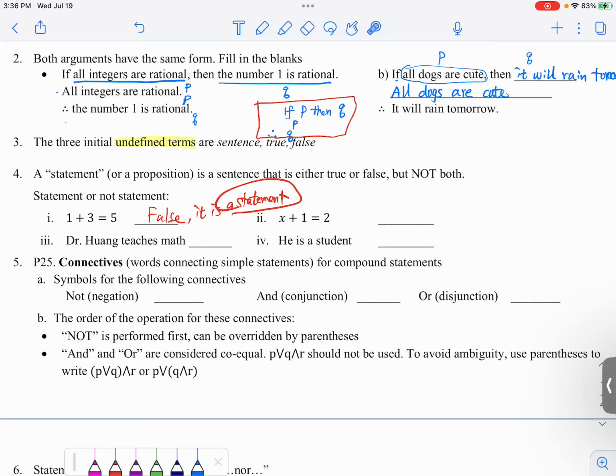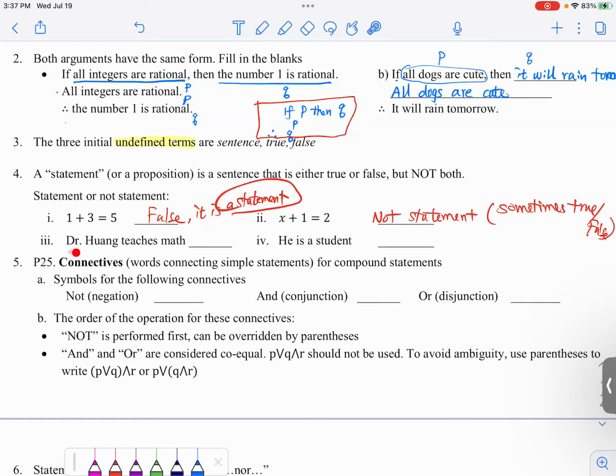It really depends. So sometimes true, sometimes false. So we say it cannot be both. So therefore, this is not a statement, because it's sometimes true, sometimes false.